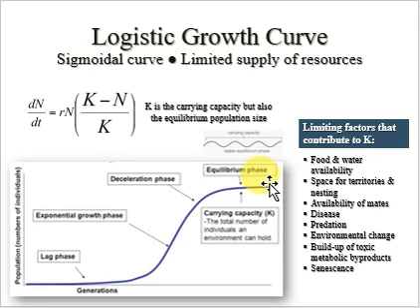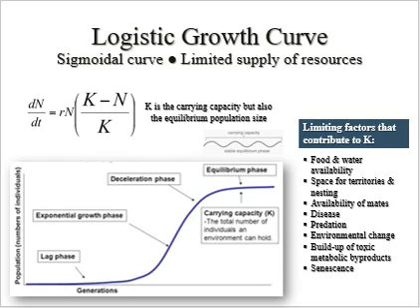Now, the actual value of K is determined largely by population density, but also by a suite of other specific limiting factors, as they're called. Limiting factors are environmental factors that control the maximum rate at which a process can occur in the environment.